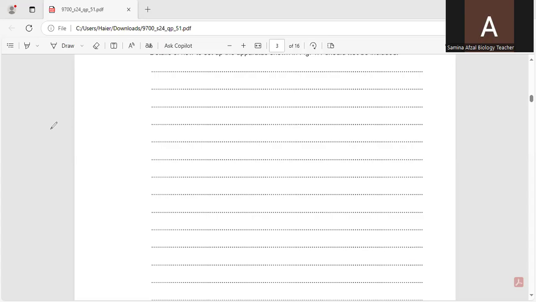So we will set up the apparatus in an enclosed chamber with a constant temperature and light intensity, because in this investigation the light intensity and temperature should remain constant. Otherwise, there will be a change in the rate of transpiration due to high or low temperature, or high or low light intensity.